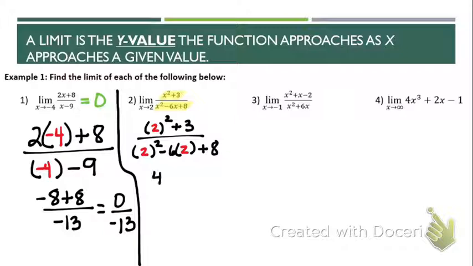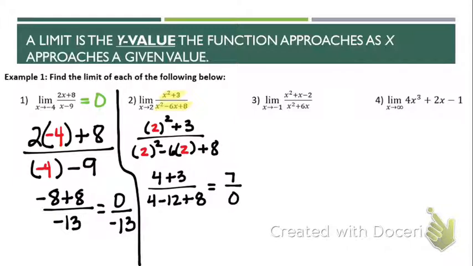So that gives us 4 plus 3 divided by 4 minus 12 plus 8. So I think that's 7 over 0. Is that 7 over 0? Okay. Can you divide a number by 0?